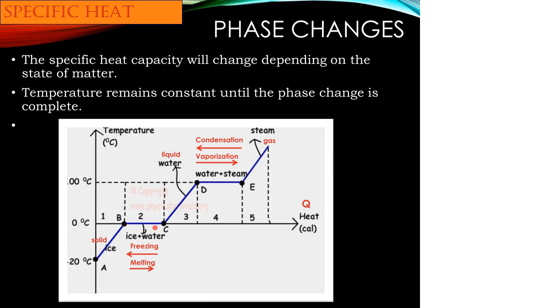This phase change involves the intermolecular bonds, the bonds between individual water molecules, which keeps the temperature at 0 until all of it is melted, until it's completely water. And then at 100 degrees Celsius, water and steam are created. It stays at 100 until the bonds between the molecules break and it turns into gas.